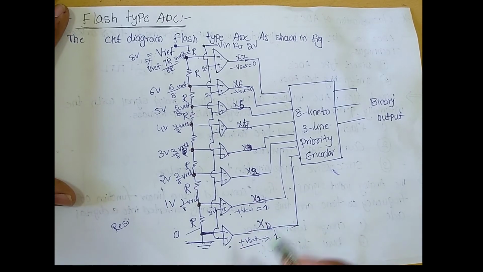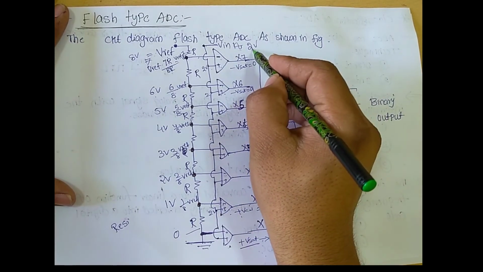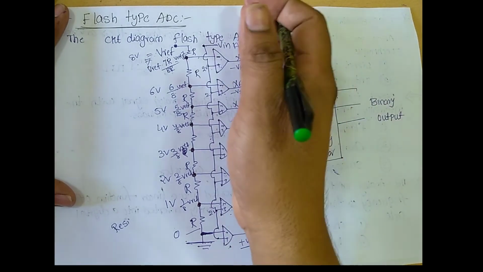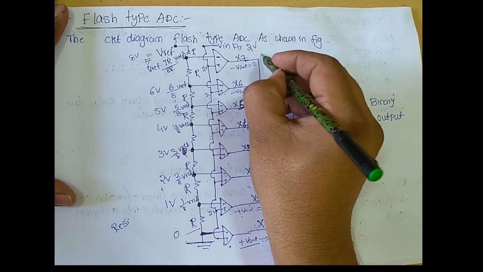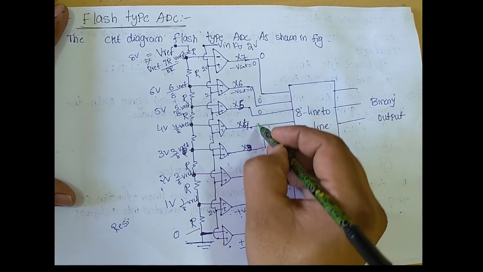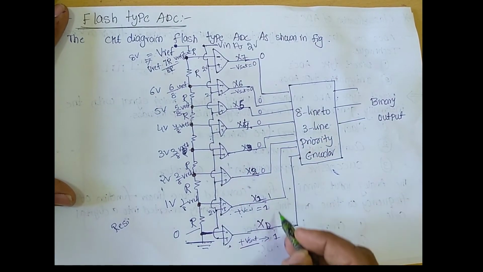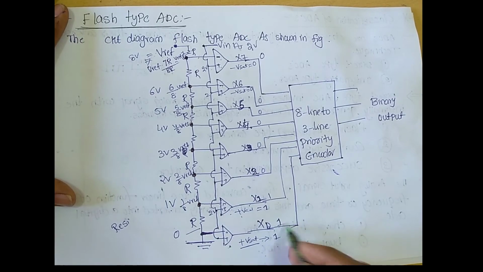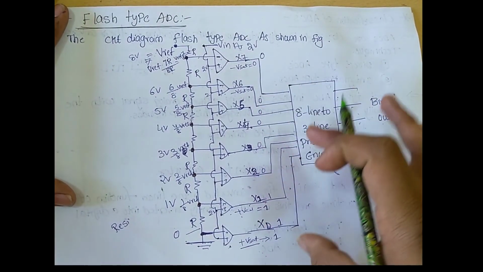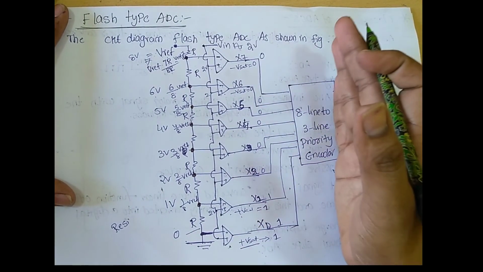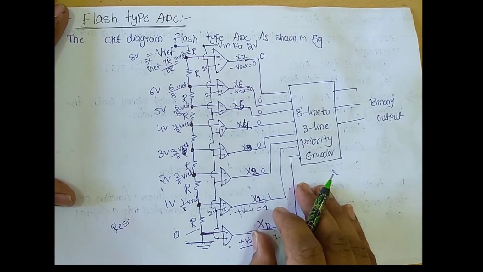Okay, so here finally with respect to the given input signal of 2 volts, we will get the outputs of the comparators as 0 0 0 0 0 and 0, and here we will get the 1, and here the output is 1. Okay, and all these values are given to the input of this 3-bit priority encoder.